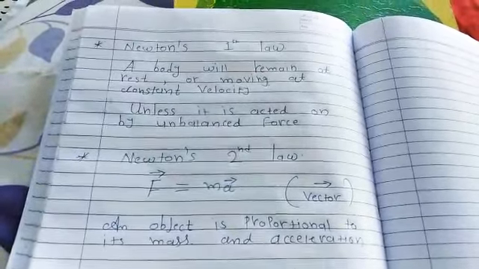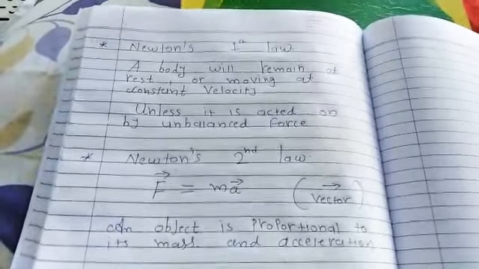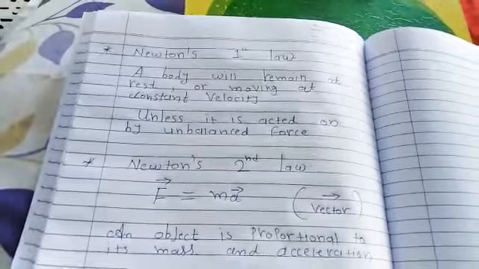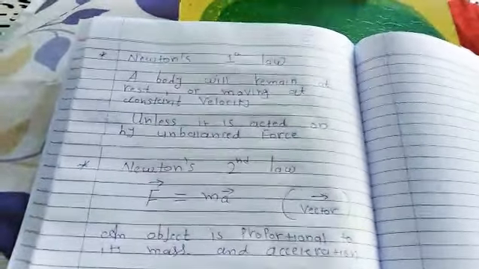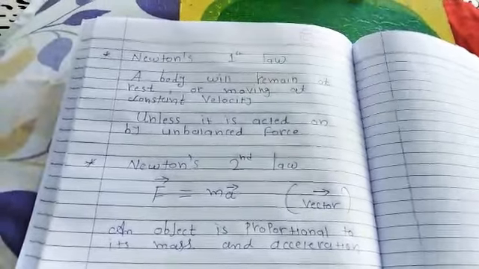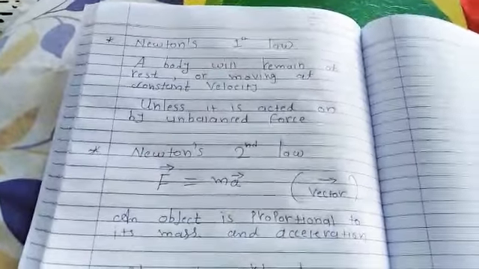Okay, Isaac Newton. He was sitting under a tree, and an apple fell down and hit his head. Then he was thinking why the apple fell down, not going anywhere, like upside or outside of the earth, like an orbit system or another direction.